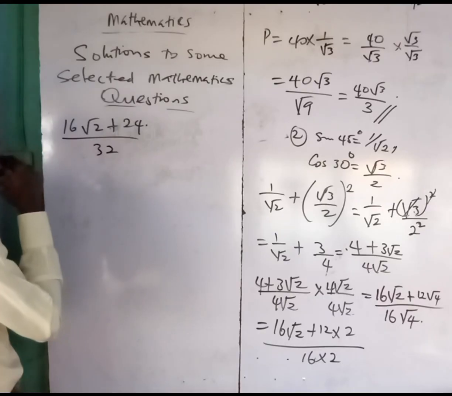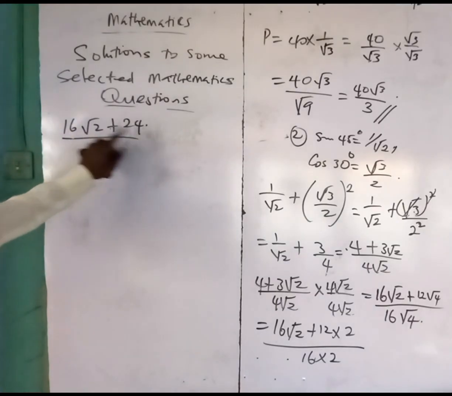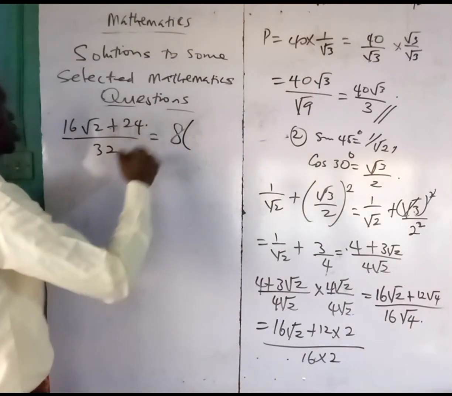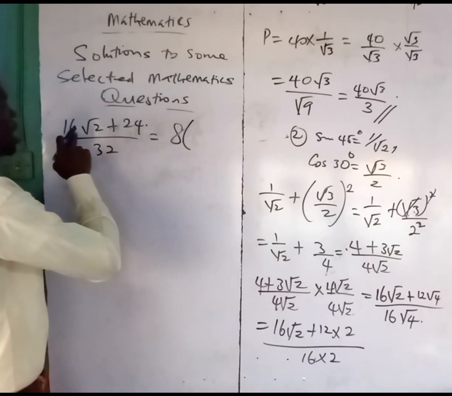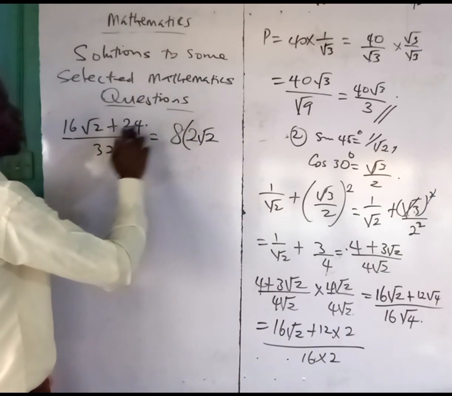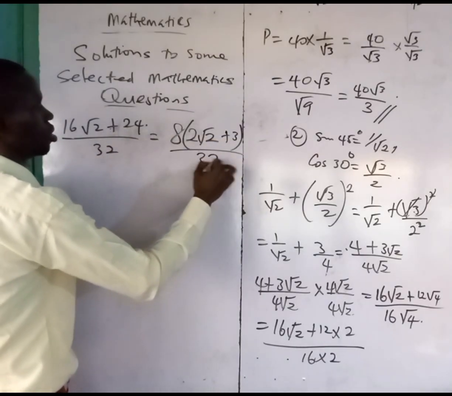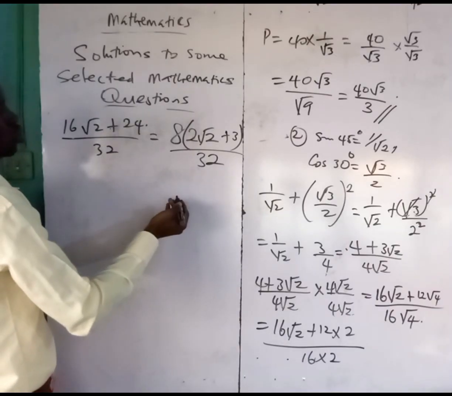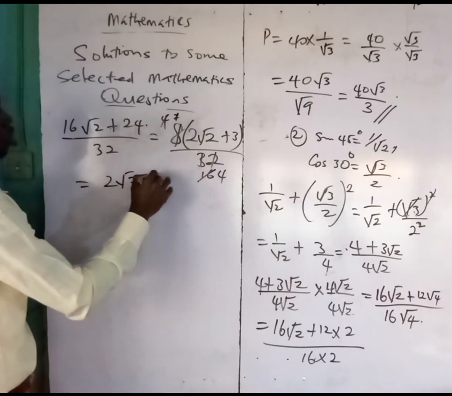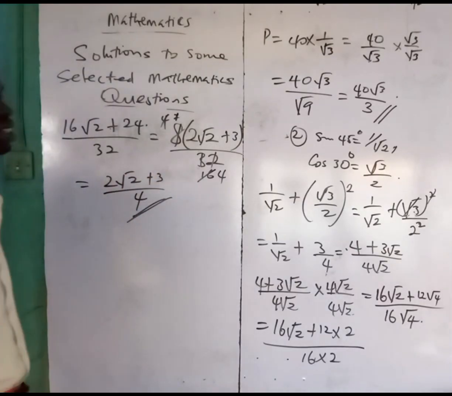Is that clear? Please, do we understand? Now look at this. There is something common. That's 8. 8 is common. So 16 divided by 8, you have 2, then it's raised to root 2. Then 24 divided by 8, you have 3, over 32 divided by 8, 4. So now, our answer is going to be 2 root 2 plus 3 all over 4. This is the final answer.